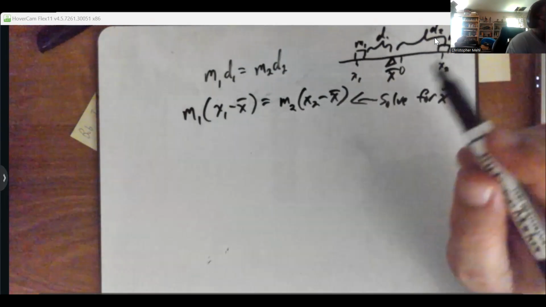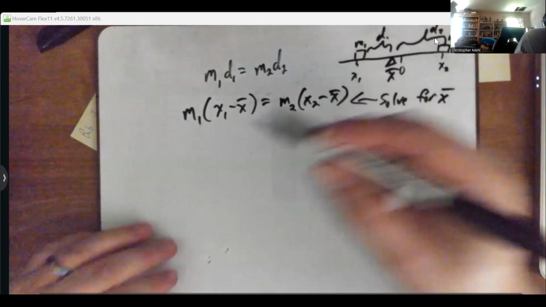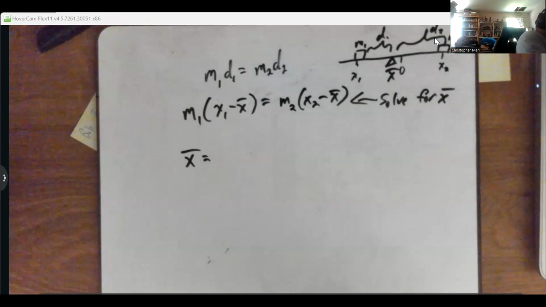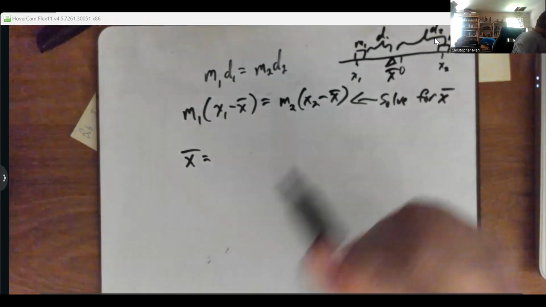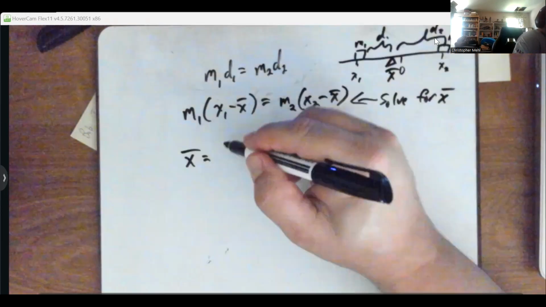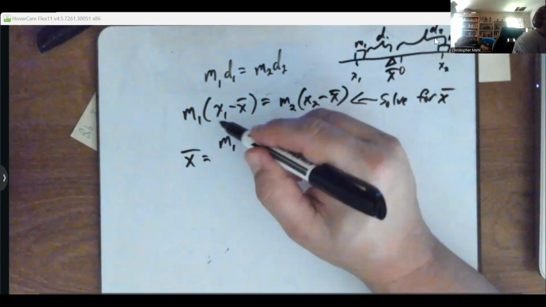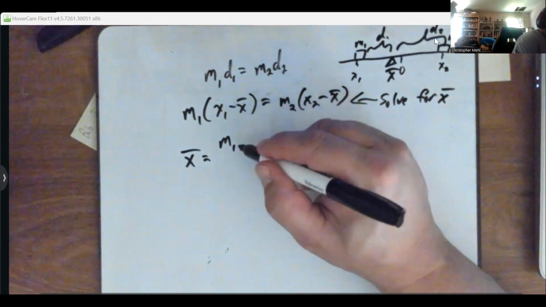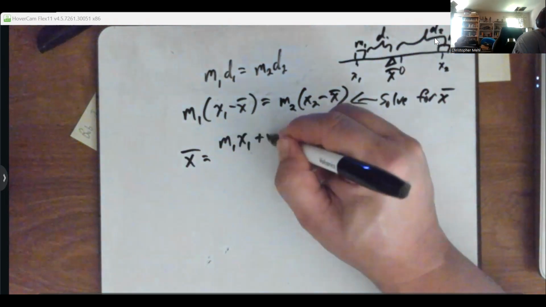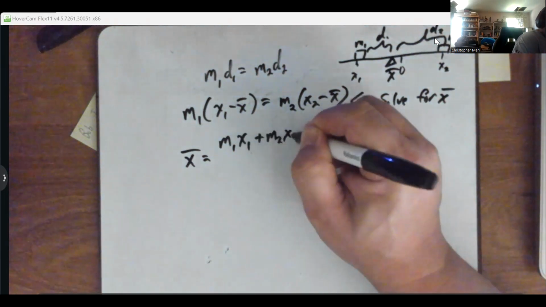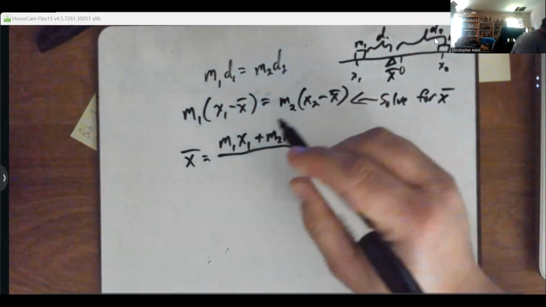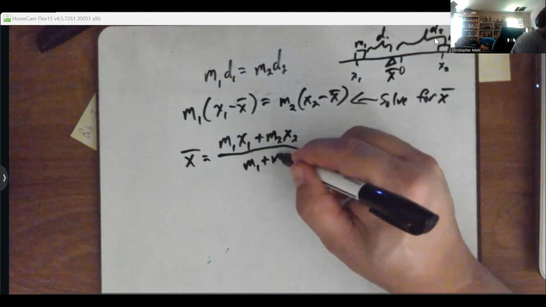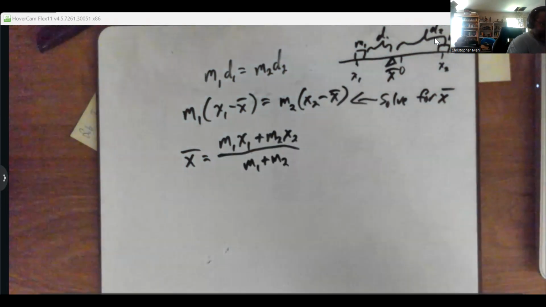I'll save the algebra for you, but suffice to say that after clearing your parentheses and solving for x bar, you get m1 x1 plus m2 x2 divided by m1 plus m2.